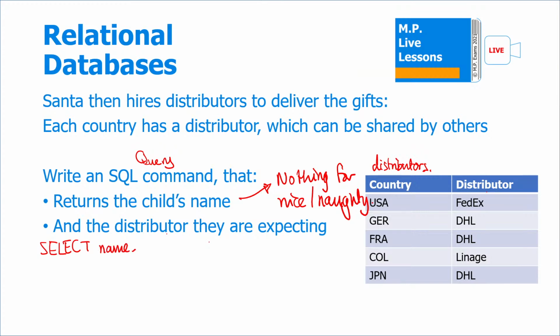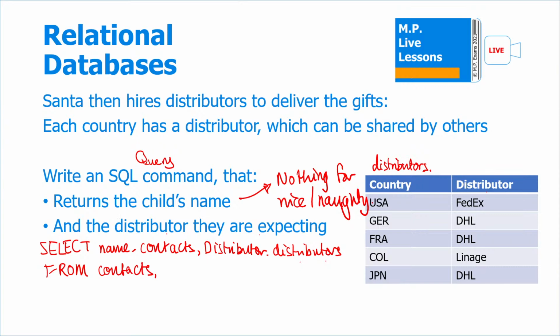However, you have to specify the table that it's from, so that's the contacts. And have another field, which is the distributor. That will be from the two tables, contacts, distributors.